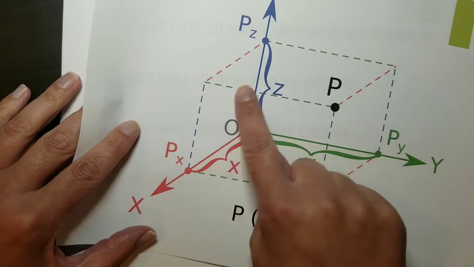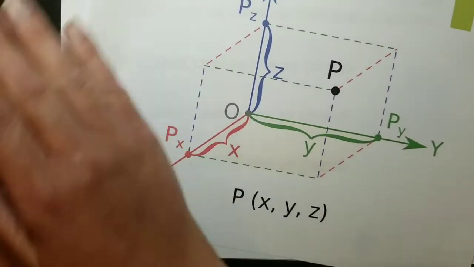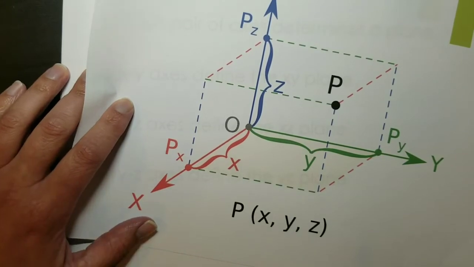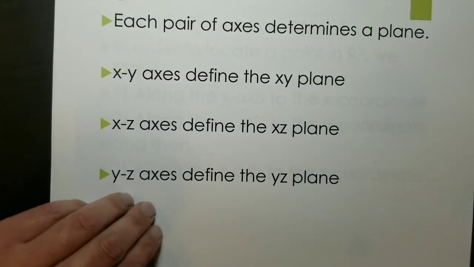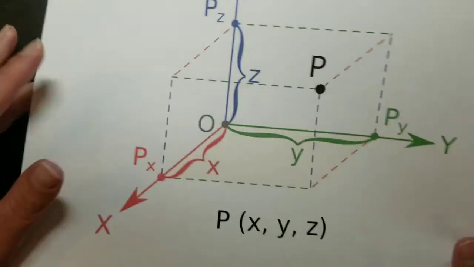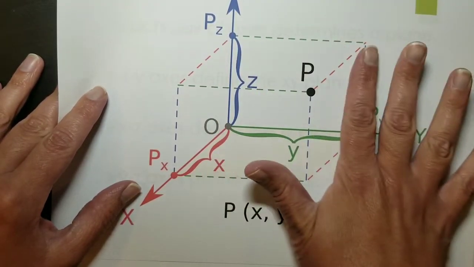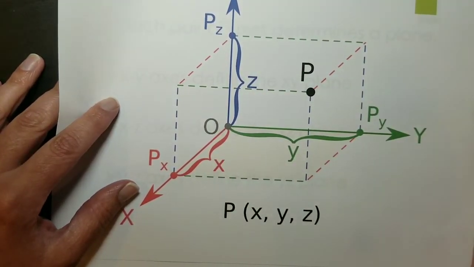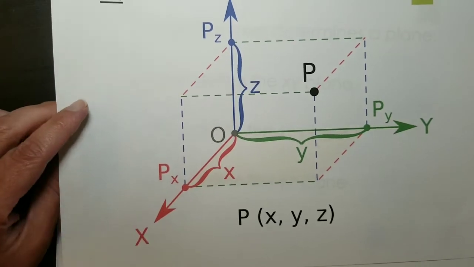So this plane here between the red and the blue is going to define a plane that is perpendicular to the Y, perpendicular to the XY plane. And similarly, the YZ axes will define a plane. So if we looked at the plane between the blue and the green and across the back there in this diagram, that will also define a plane in this 3-dimensional space.